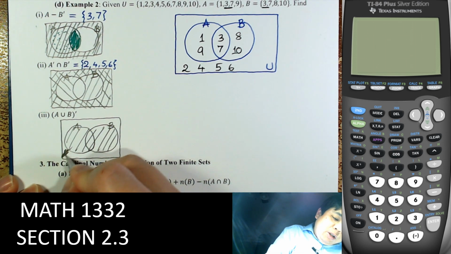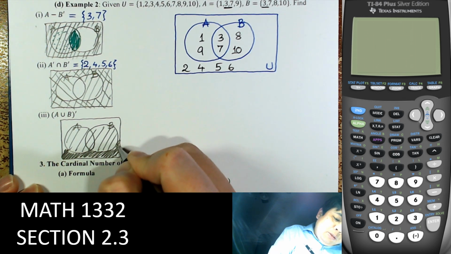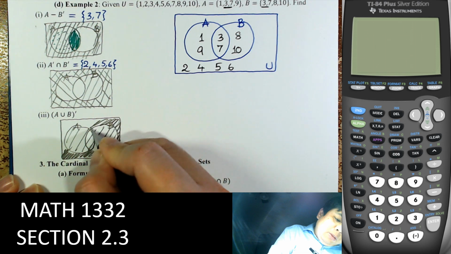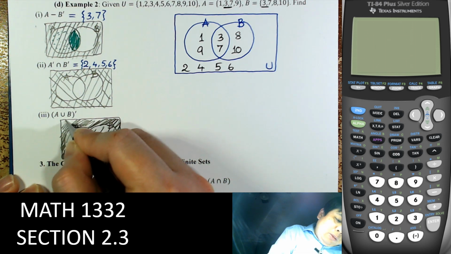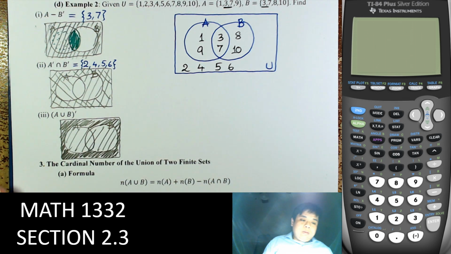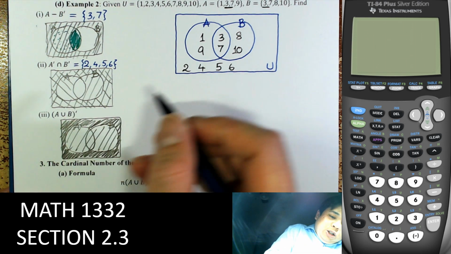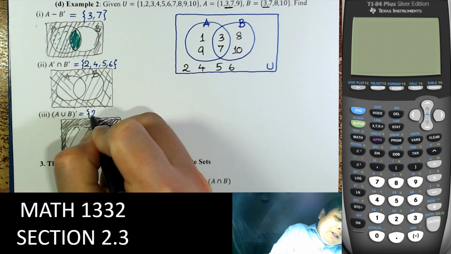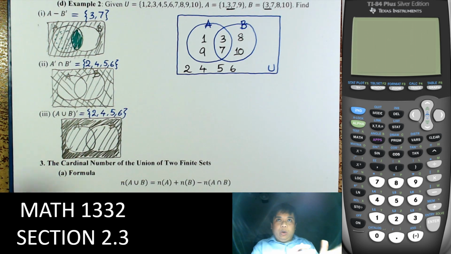So we're talking about this one. The marked region is the union, and then we have outside that, so it'll be 2, 4, 5, 6. Right, so that is what we do with the Venn diagram.